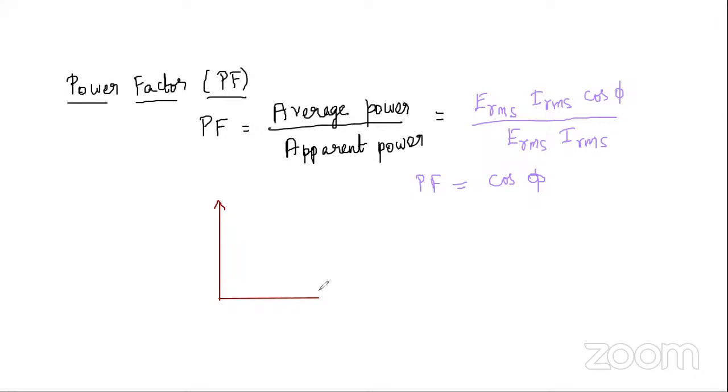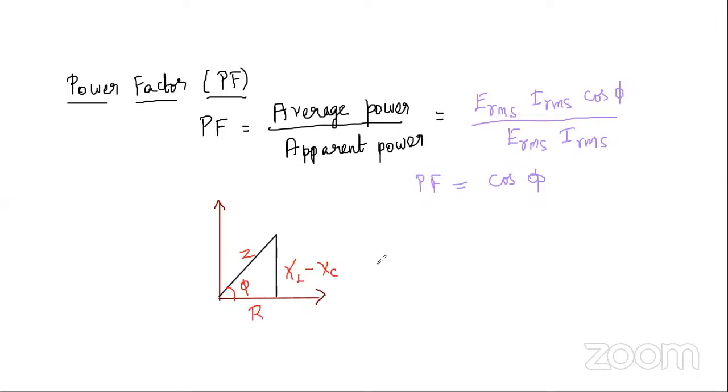So here you see, here you are having Z, and here you are having phi, and here you are having XL minus XC.